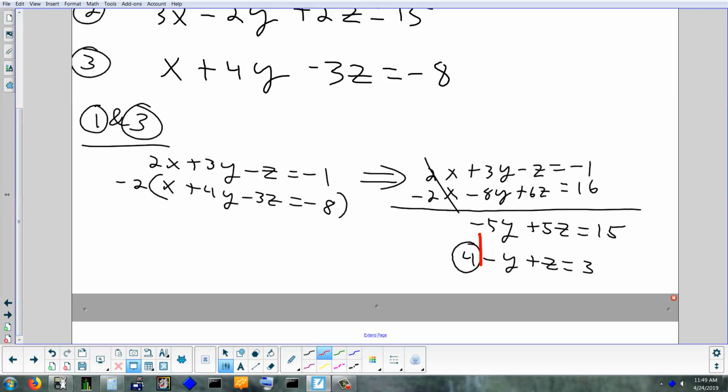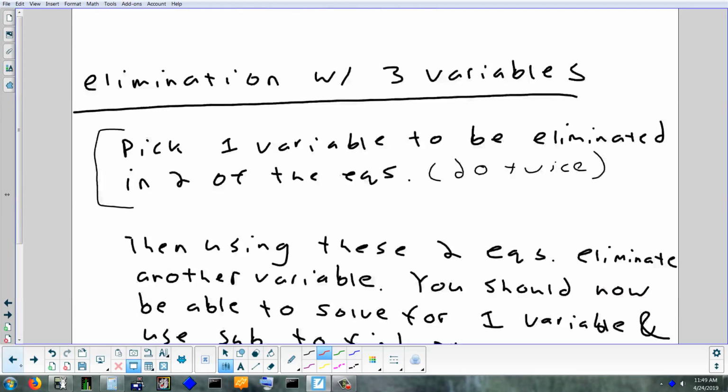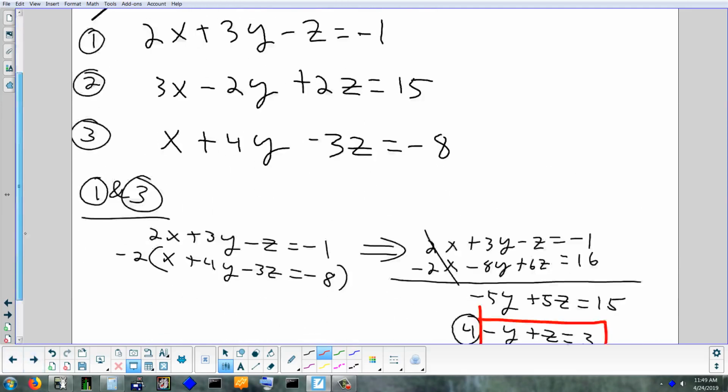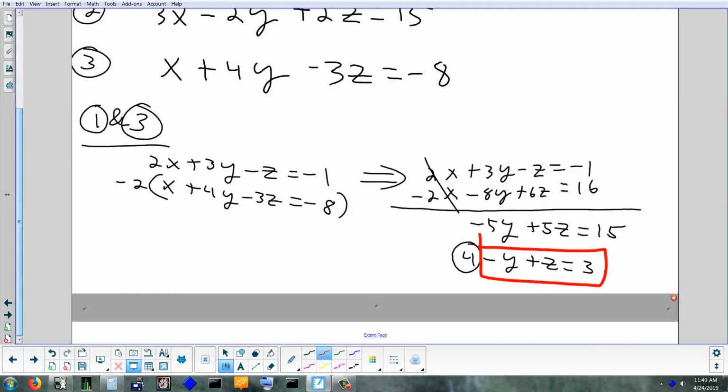I'm going to come back to equation 4 later. But the point is, I now created an equation with just 2 variables. Now I want to do it again. Okay, that's why I wrote do it twice. If you can create another equation with just 2 variables, then we're good.